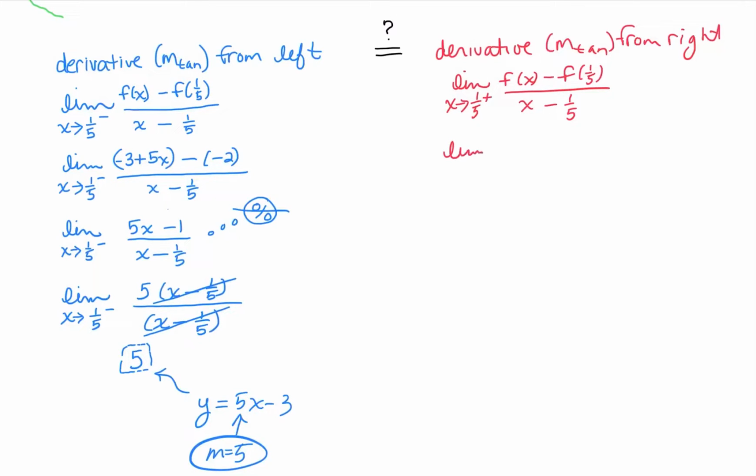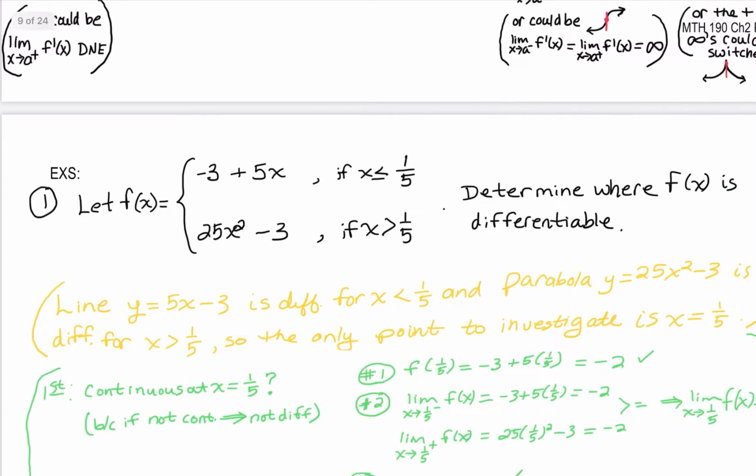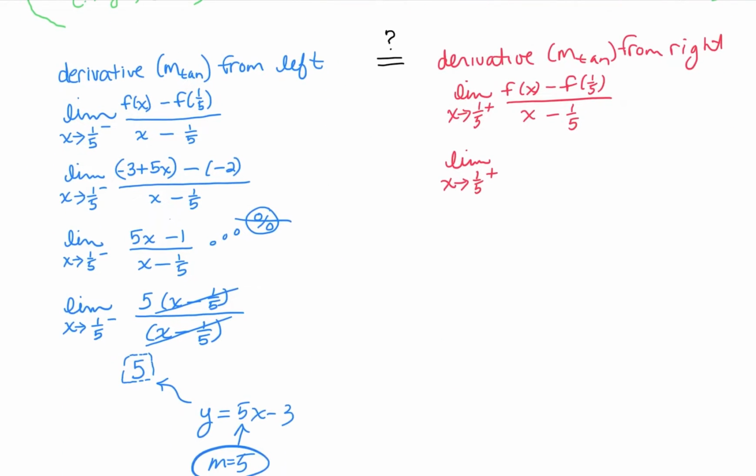This is now looking from the right, and as x is coming at 1/5 from the right, that is our parabola, 25x squared minus 3. So this is our 25x squared minus 3, but with 1/5 subbed into that. Again, f of 1/5, that's -2. We did that up above, all divided by my x minus 1/5.